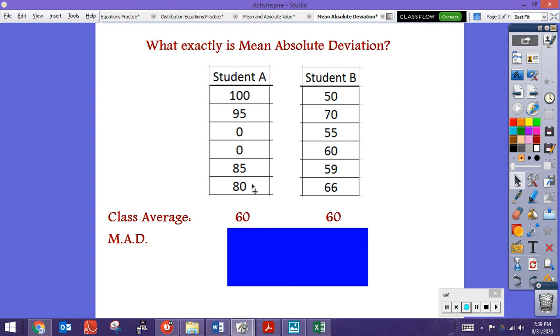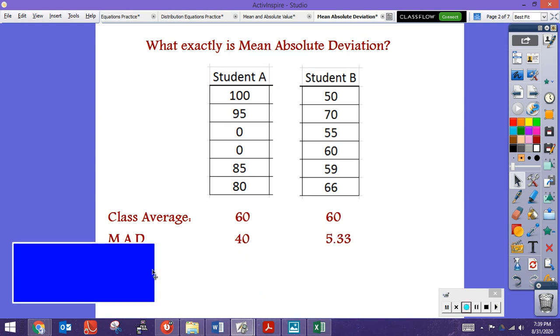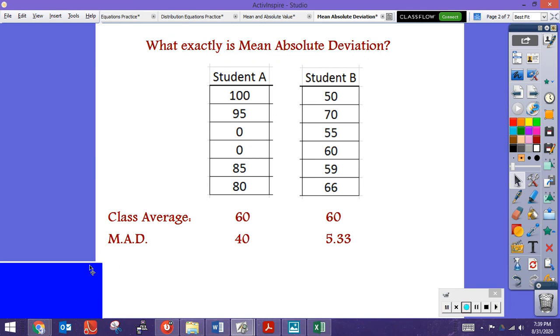So where does mean deviation come into play with all that? For student A, the average is a 60, and all the numbers here are very far away from 60, so you have a big mean absolute deviation.